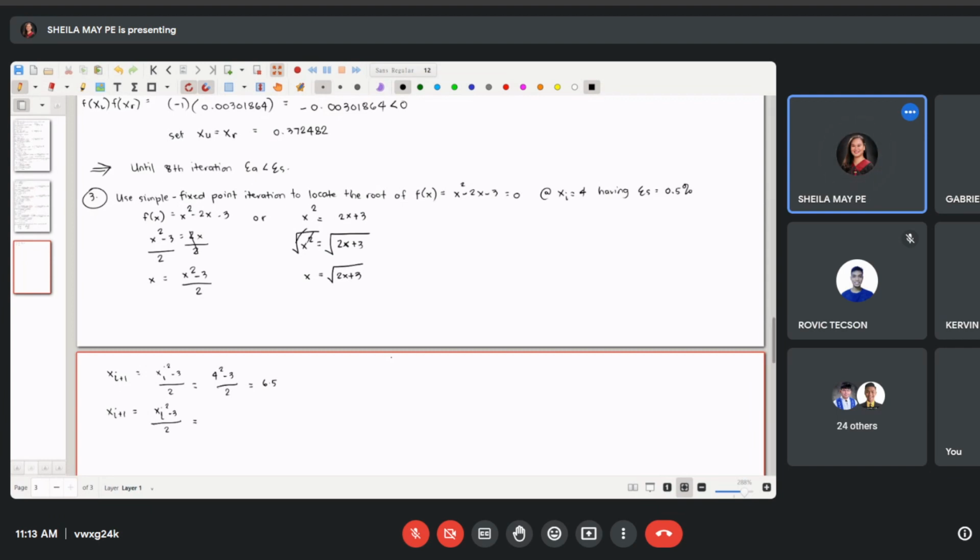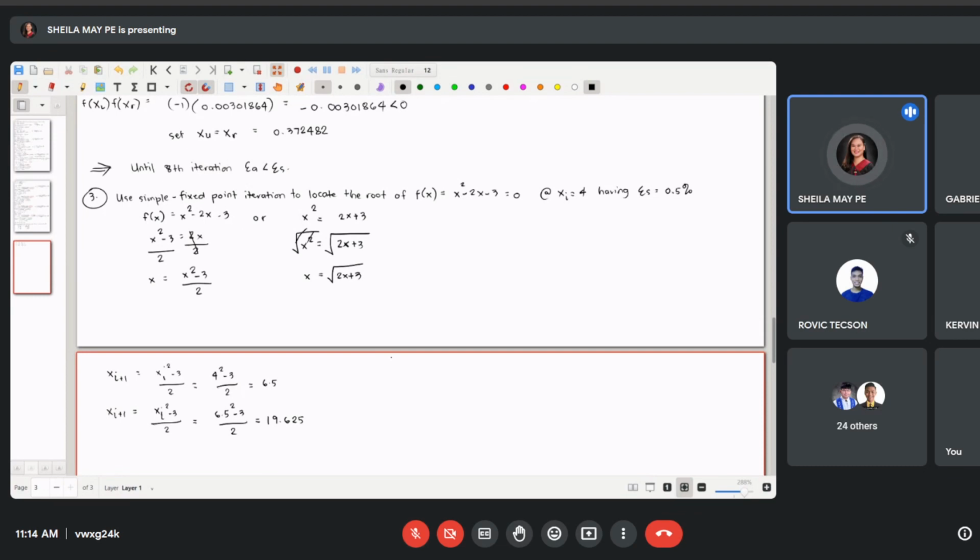Now for the second one, that's 6.5 squared minus 3 divided by 2. So that is 19.625. Now when you observe, class, our iterative value is moving away from our root.